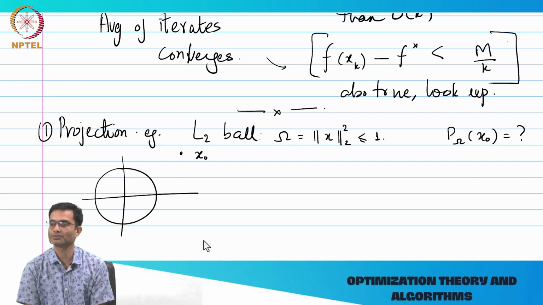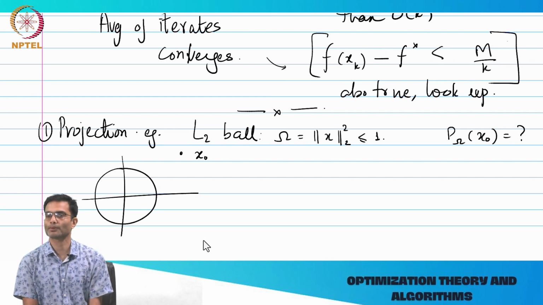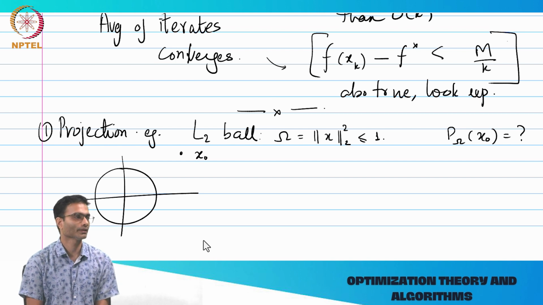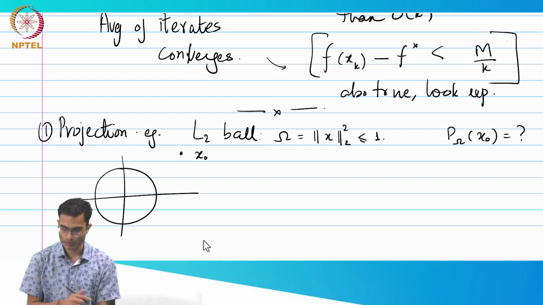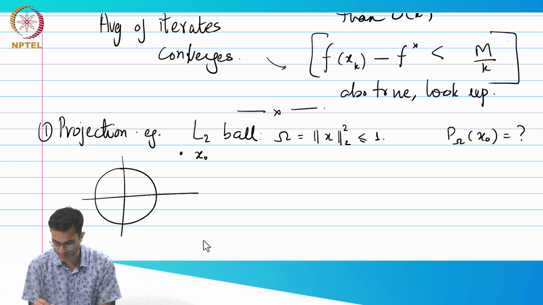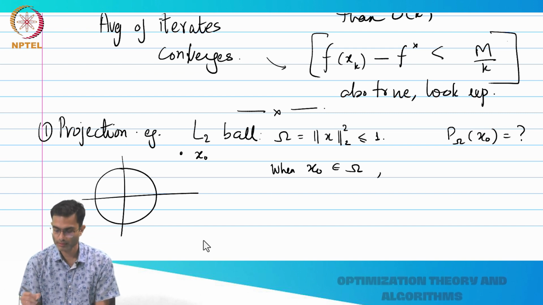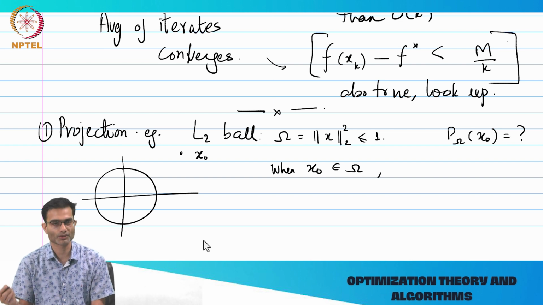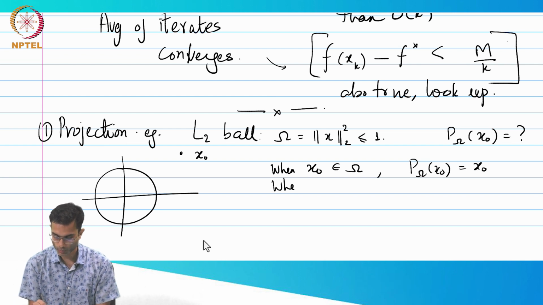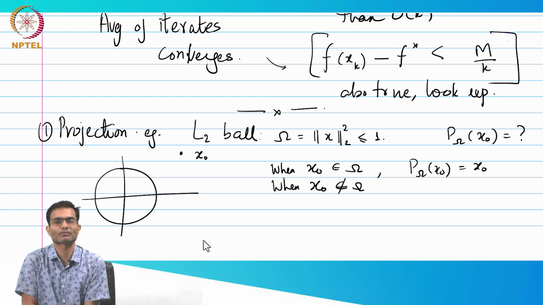This again looks simple enough that you could solve this problem without any calculus, without any Lagrangian business, right? So let's take two cases. When x naught is in the feasible set, projection operation obviously is what? X naught. Okay. Now when x naught is not in this, what is the solution to this problem?